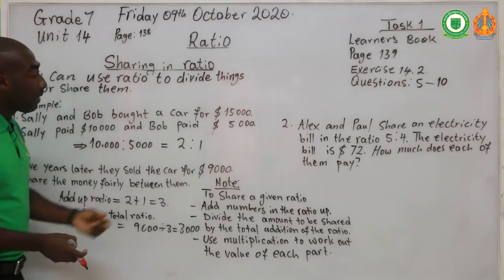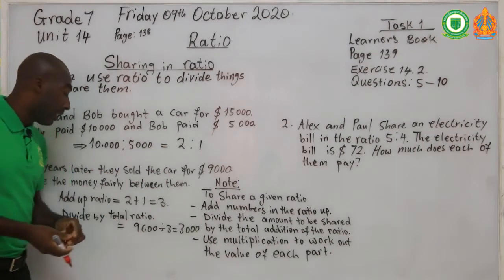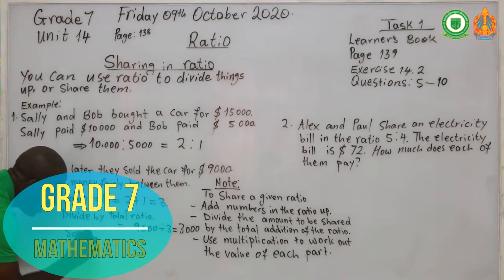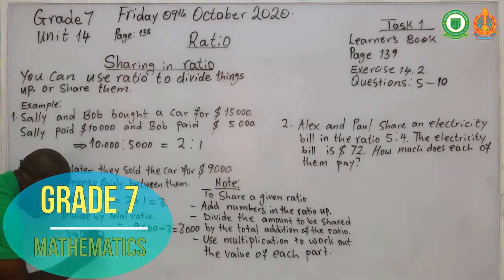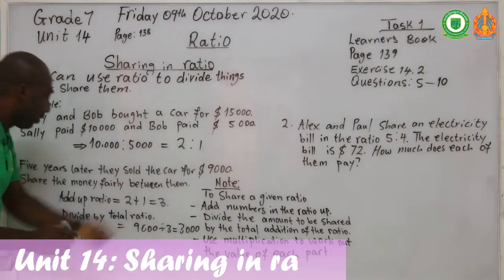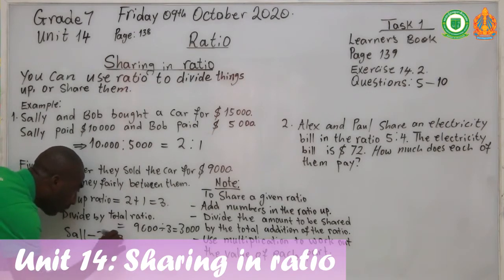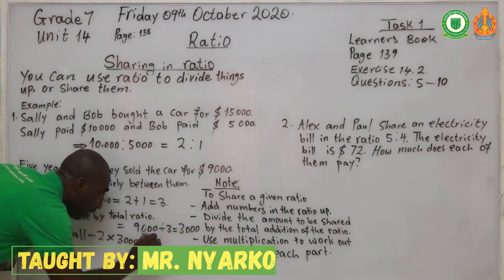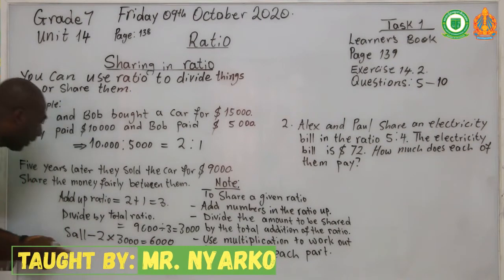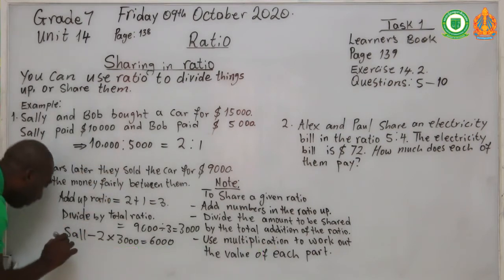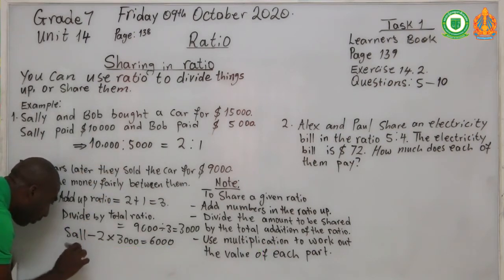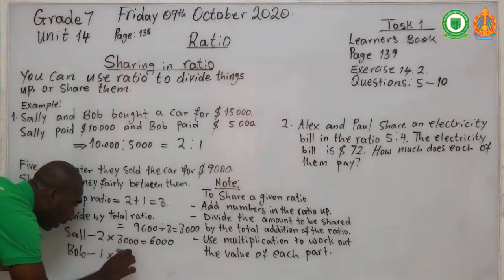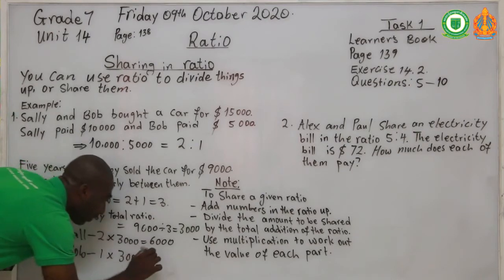So if you want to find out how much Sally has to get in this money, we write Sally, and then Sally had 2 here, so we have to multiply our 2 by 3,000, that will be equal to 6,000. And then Bob, the ratio for Bob is 1, so we need to multiply 1 by 3,000, and that is going to give us $3,000.